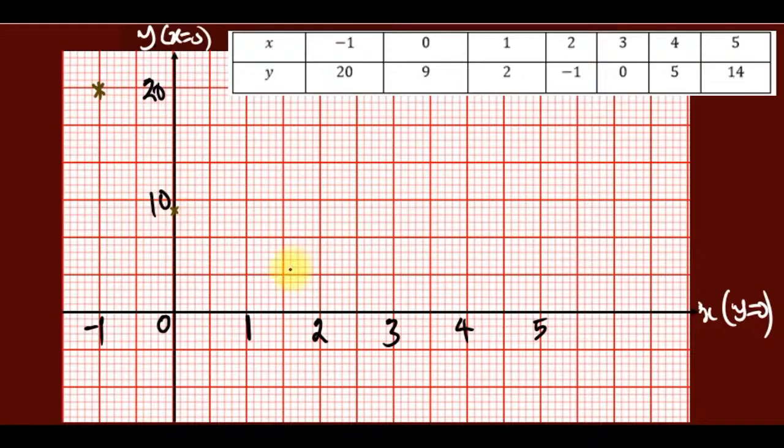So 2 when x is 1, so 1, 2, so somewhere here. So when x is 2, y is minus 1. So minus 1, we divide 1 by 0.667. So I have 1.4, that's 1.5 grid lines.